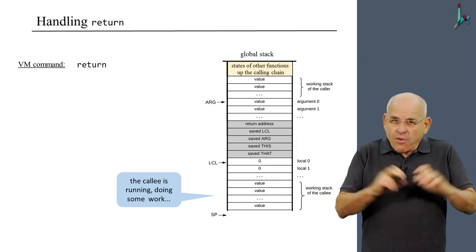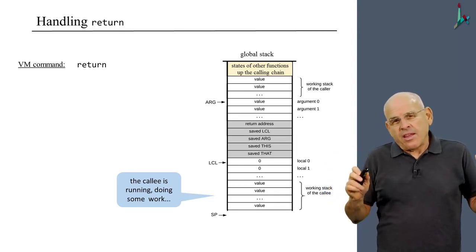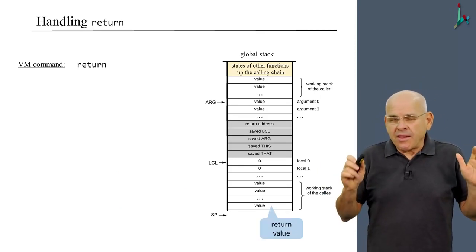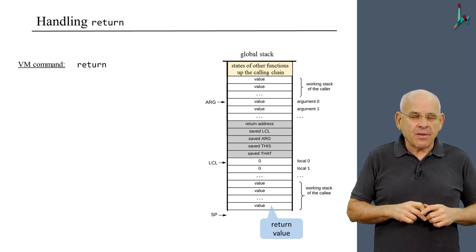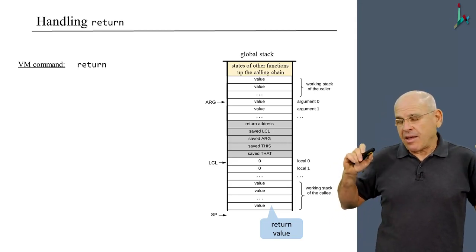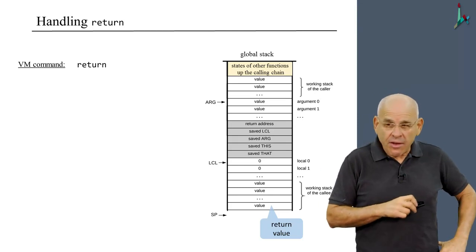Because everyone is assumed to play by the rules, I know for sure that once I hit a return command, the value at the top of the stack must be a return value, because a function must push a return value before it returns.